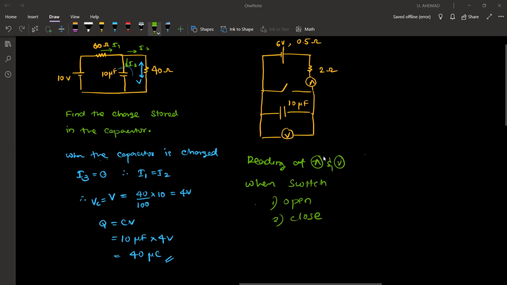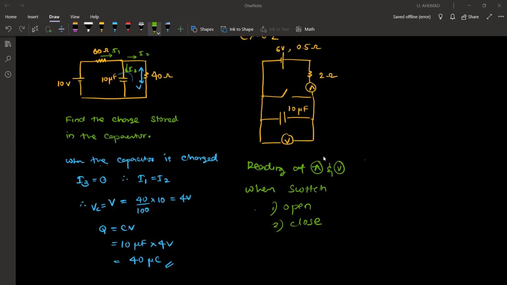When the switch is open, this capacitor will get fully charged. So once this capacitor is fully charged, is there any circuit where the current can flow?